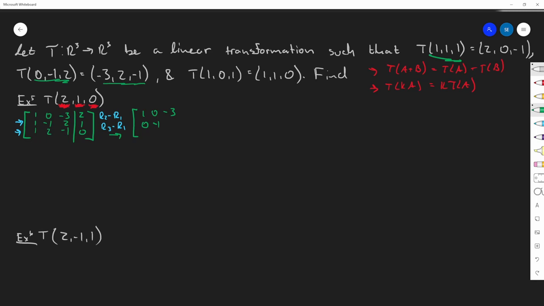Oh no, 2 minus -3, 5, and then 0, 2, then -1 minus -3, so -1 plus 3 is 2, and 1 minus 2 is -1, and then this would be -2.